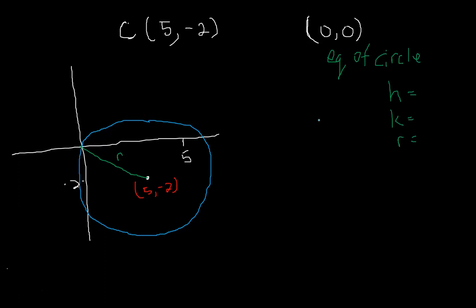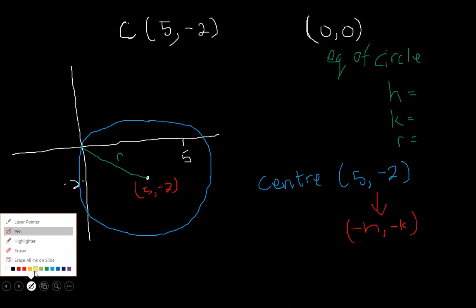So let me use the center, which is 5, -2. But we know that the coordinates of the center are in the form (-H, -K). We're not looking for -H and -K. We want H and we want K. So if -H is 5, that means that H has to be -5.